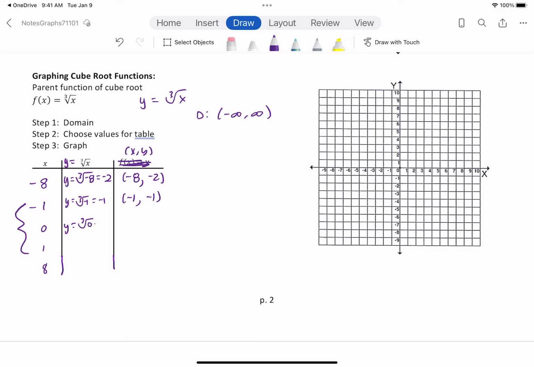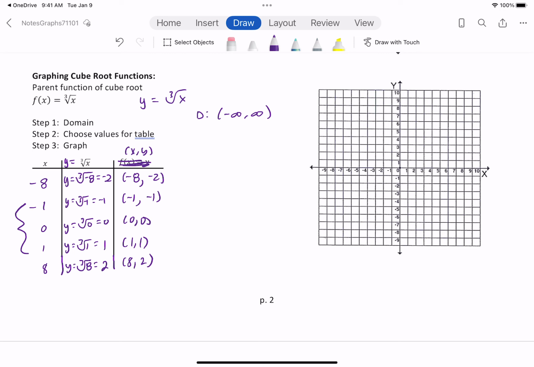If I plug in 0, the cube root of 0 is 0. If I plug in 1, the cube root of 1 is 1. And last, if I plug in 8, the cube root of 8 is 2.